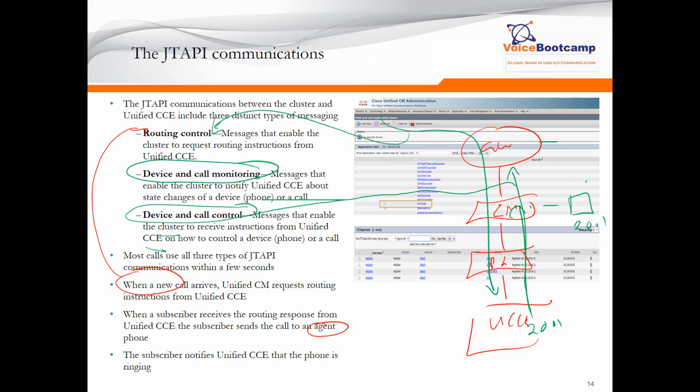For example, when the subscriber notifies the UCCE that the phone is ringing, that will be device and call monitoring. So these are the different types of messages that JTP will communicate with the UCCE server through the PG server.